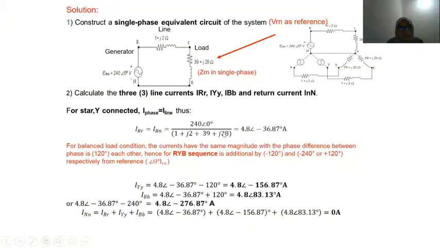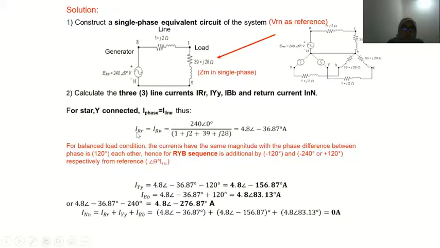For this type of question, you have to consider the transmission line impedance here, which is given as 1 plus j2 ohms. We know that in a star connected system, your phase current is equal to the line current.